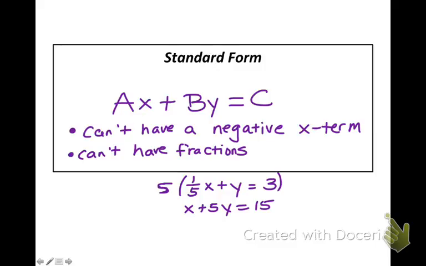The only thing we're going to get out of standard form today is to identify the x and the y intercepts. We're not going to go into the solving until the next few sections. So if I have something in standard form, do you guys remember how to find the x and y intercepts from it? Think about your x and y intercepts. What are the coordinates of this x-intercept?